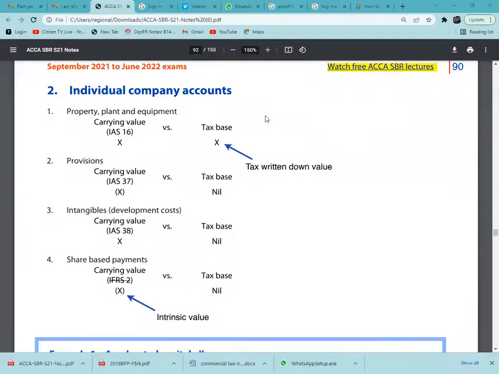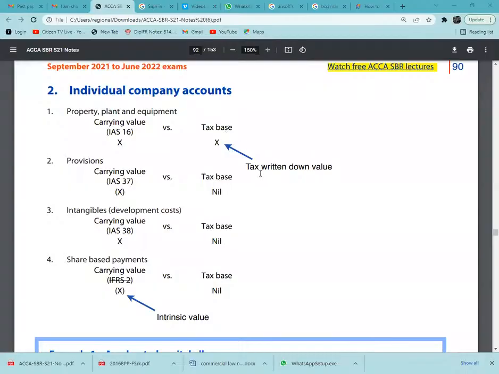Now listen, anytime we see property, plant, and equipment, this is the biggest thing that you're supposed to know. Anytime you see property, plant, and equipment where they want you to calculate a deferred tax, you shall be getting the carrying value being equal to, of course, the cost minus accumulated depreciation. And then you must give us what we call the tax base.